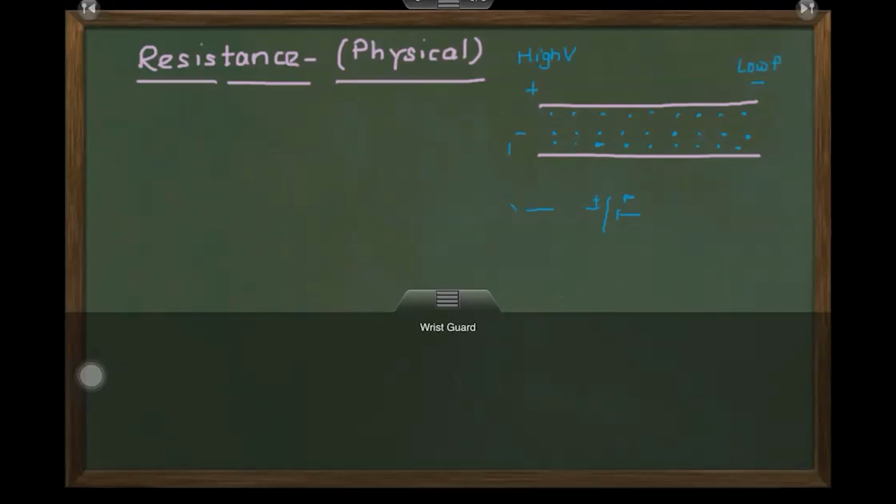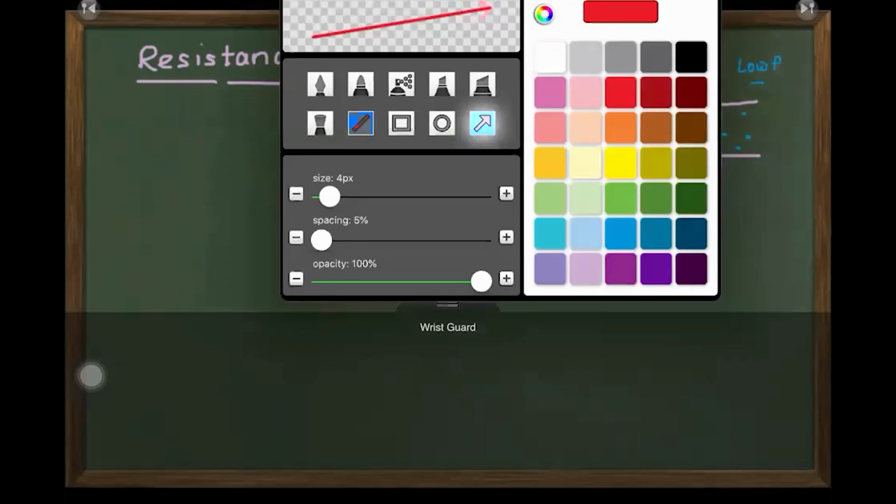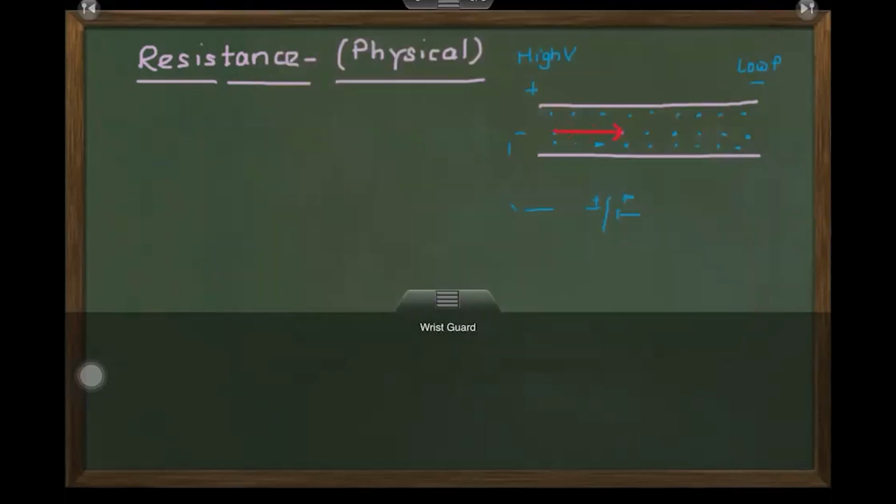A current will flow in this direction. But I told you that day that electrons will move in the opposite direction of the flow of current.